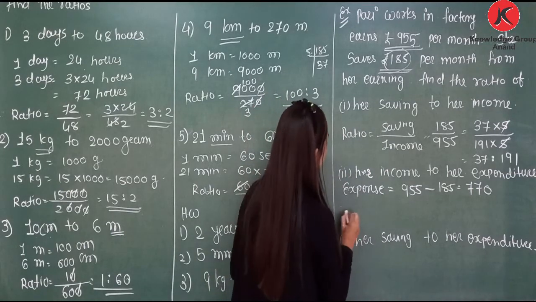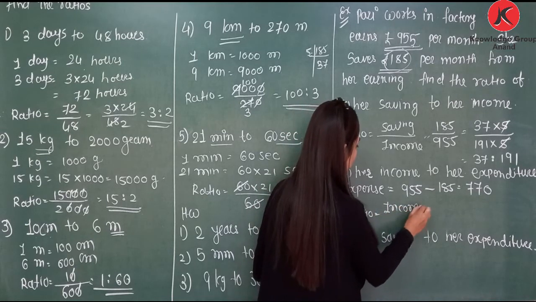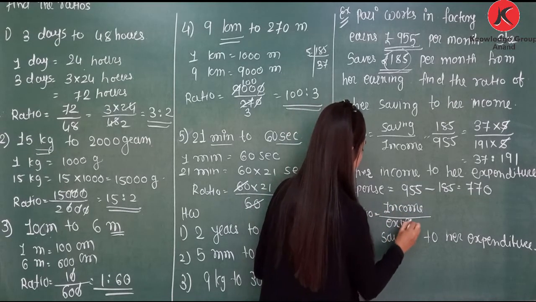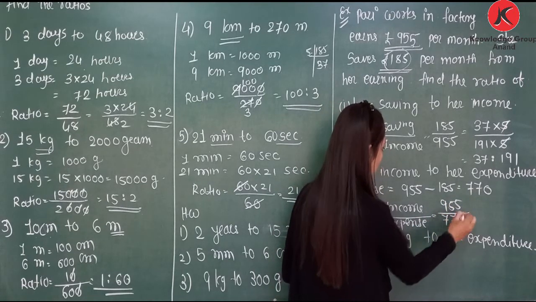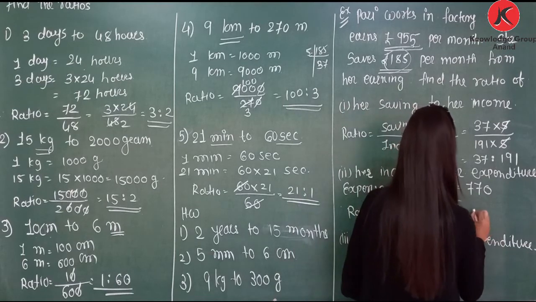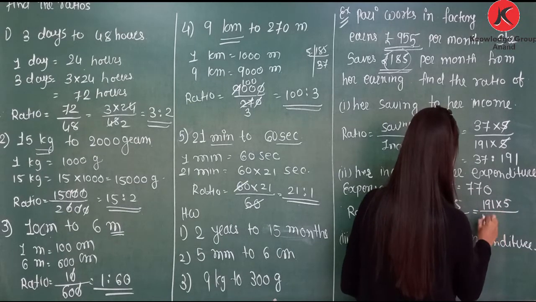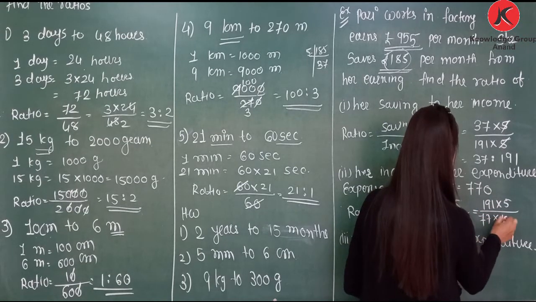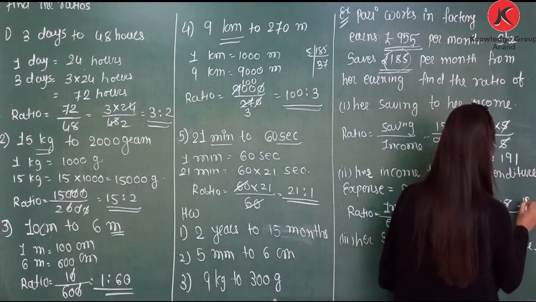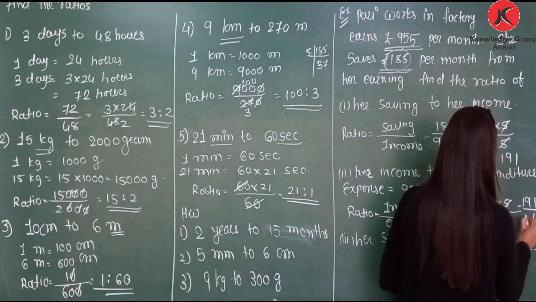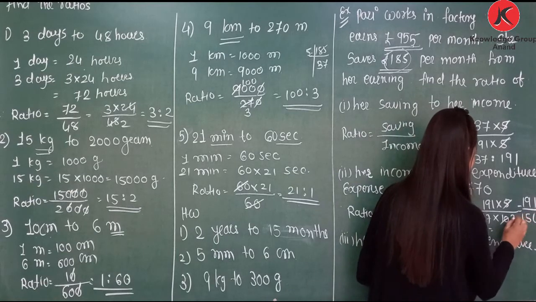So we can write the ratio of income to expense. Income is 955, expense is 770. So that is 191 multiplied by 5 divided by 77 multiplied by 10. So that will give 191 divided by 154. So the ratio is 191 is to 154.